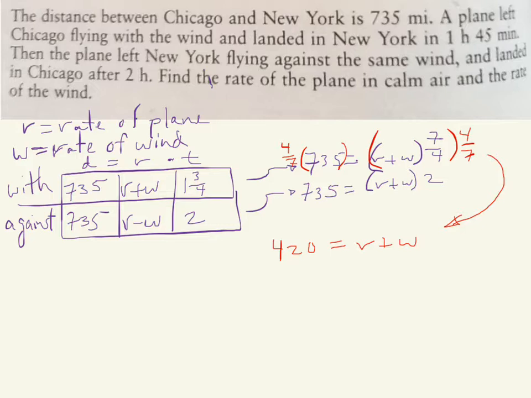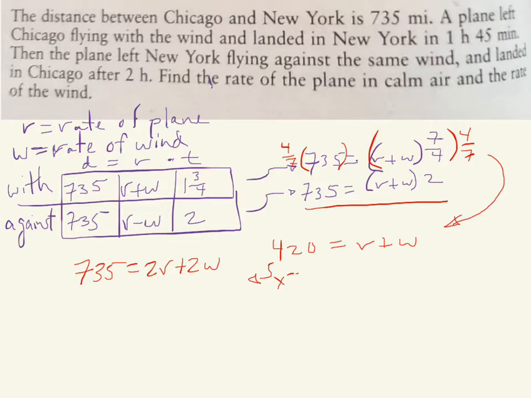Okay, so now this one right here is 735 equals 2R minus 2W. So I have this 735 equals 2R minus 2W. And I have this one right here, 420 equals R plus W. So I'm going to multiply it times 2.